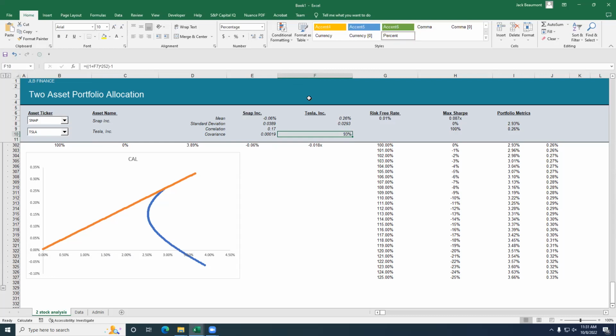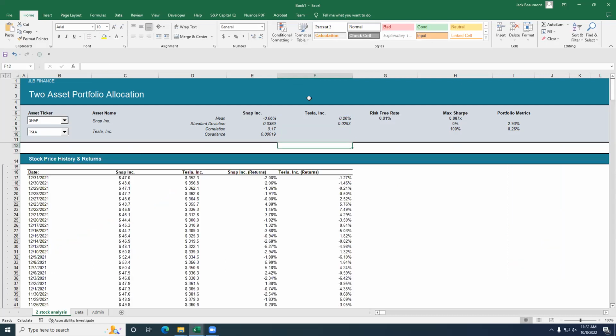It's a compounded annual return of Tesla.